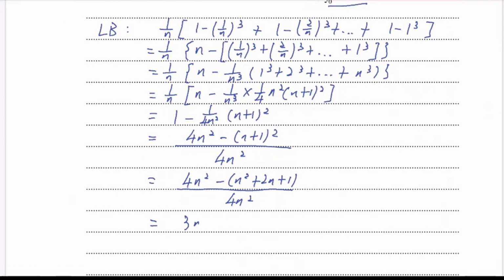We get 3n squared minus 2n minus 1 over n squared. This is the thing that we're looking at. So that is for the second question.